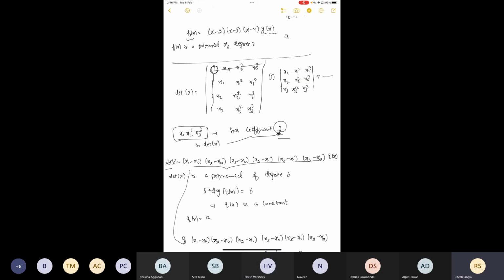Plus something will be there. We are not bothered because whenever you take any other row or column, these entries will not be repeated. Either x1 will not be there, or x2 will not be there, or x3 will not be there.